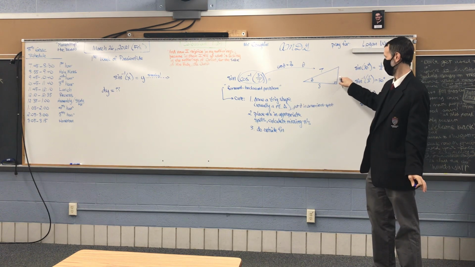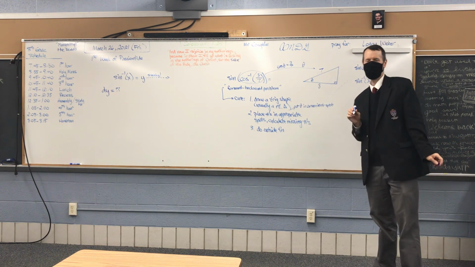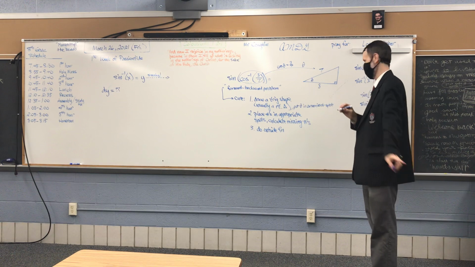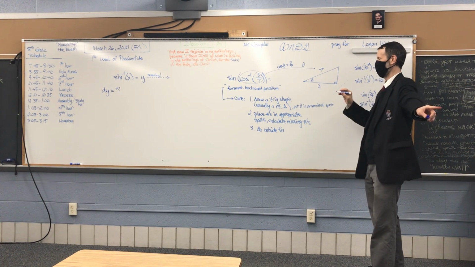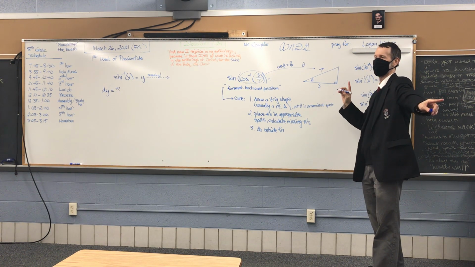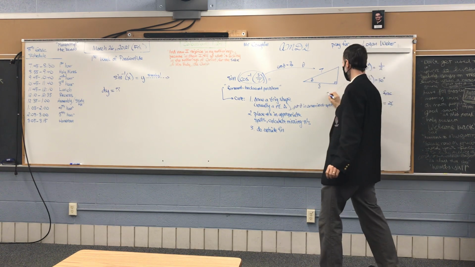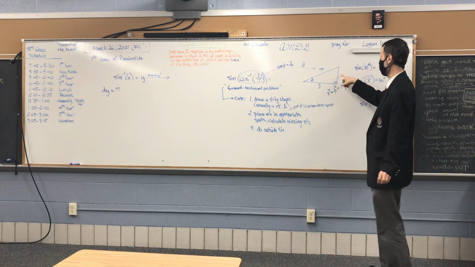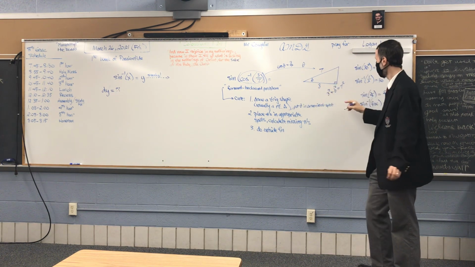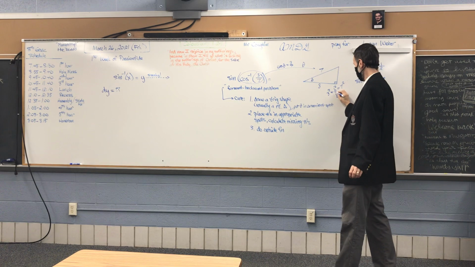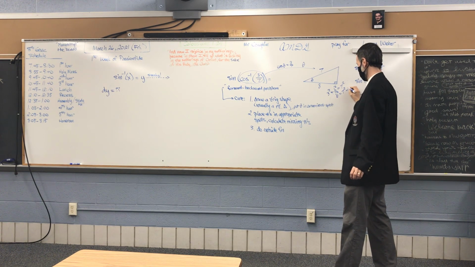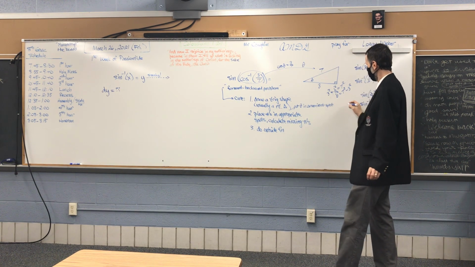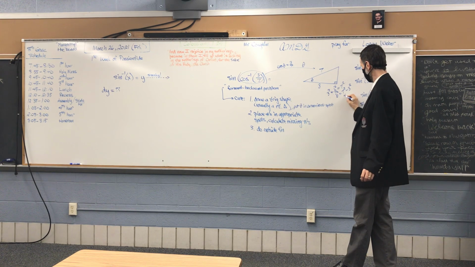Can we find this missing side? Yes, people who remember geometry. So 3 squared plus b squared equals 7 squared. If you want to find this side, you'll have to subtract. So b squared equals 7 squared minus 3 squared. 49 minus 9 is 40.